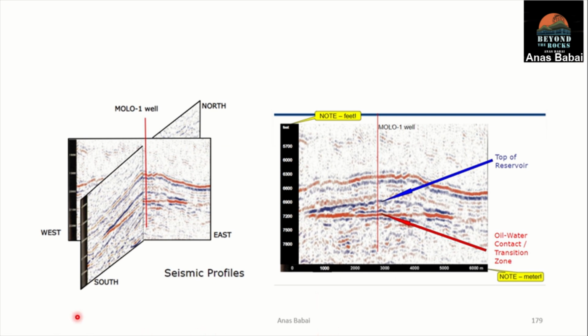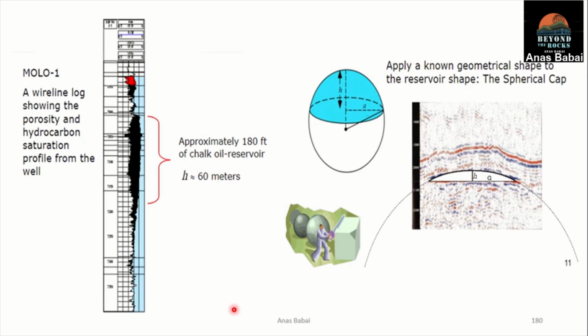From seismic, this is how we can get the area in the equation of reserve estimation, because the output of the seismic is the seismic map, and from the seismic map we can get the area of our reservoir, and from the well logs we can get H, which is the thickness of our pay zone.